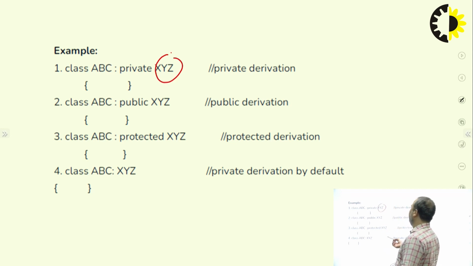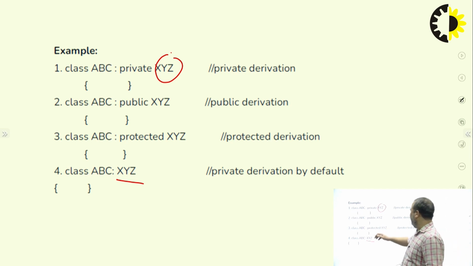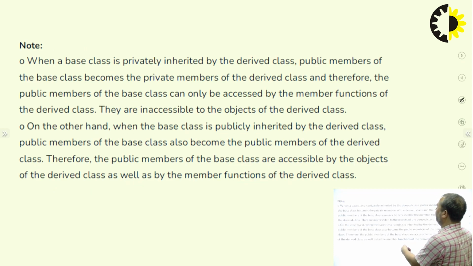Similarly, class ABC public XYZ, protected XYZ, and class ABC XYZ, where we have not mentioned any access specifier. So by default, it will become a private derivation. There are some access limitations of private, public, and protected, which we will see.